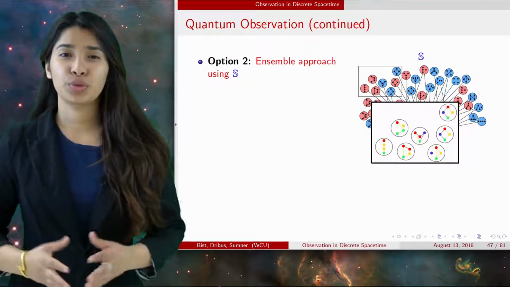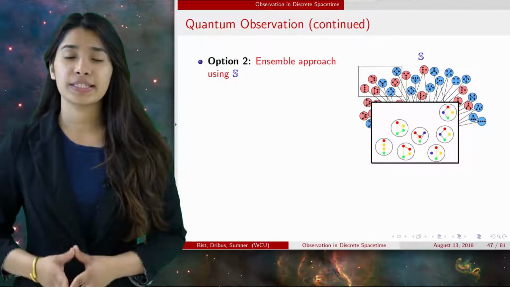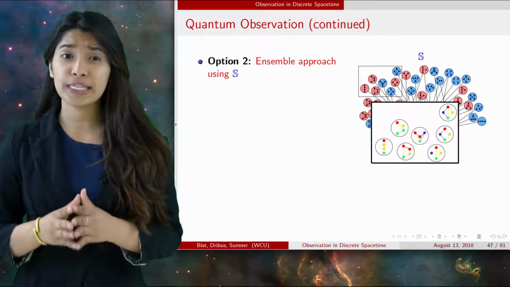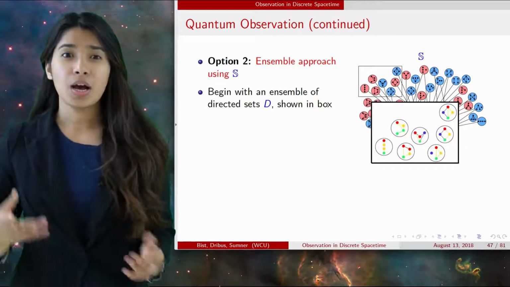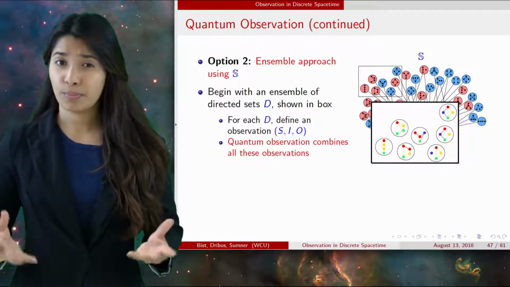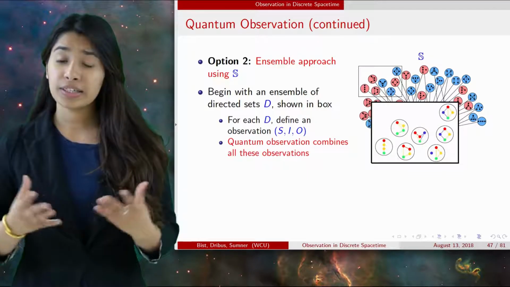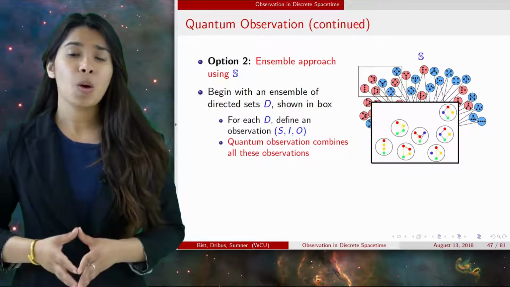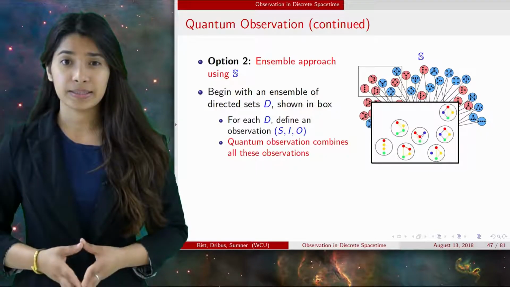Another possible approach to defining a quantum observation is to simply take an ensemble of directed sets out of the kinematic scheme bold S and define a classical observation in each member of this ensemble. A quantum observation then consists of all these classical observations, possibly weighed and arranged in some special way. The picture here illustrates how this is done. In the small box at the top left, we have isolated an ensemble of directed sets.